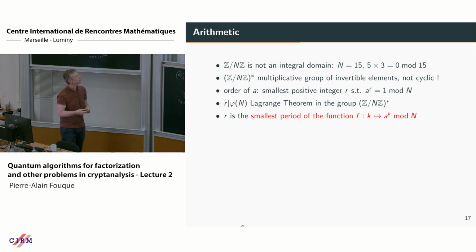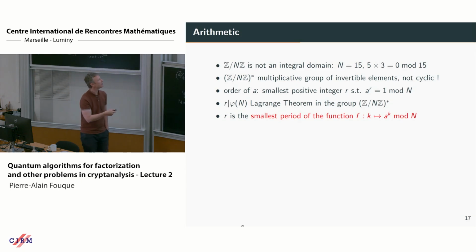According to Lagrange's theorem, we know that the cardinal of this subgroup divides the cardinal of this group. So r, which is the order of a, the number of elements in the subgroup generated by a, divides the cardinal of this group.